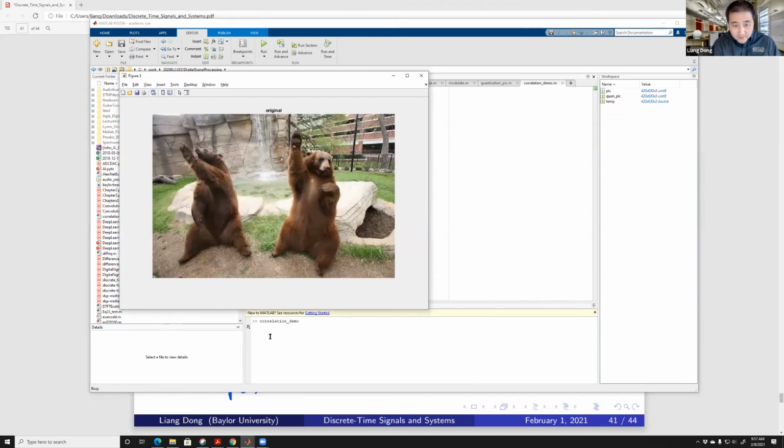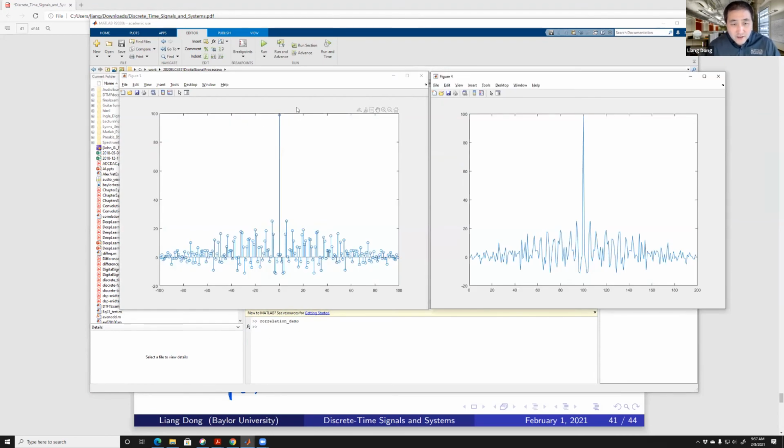Let's try that. On the left, that's figure number 3. Indeed, I have an autocorrelation of a random variable. The largest value is when the lag is equal to 0 in the middle. That gives me the energy of this random sequence W1. All the rest should be zero. If you take long enough, let's say this random sequence has 10 million points instead of 100, then you will smooth them out.